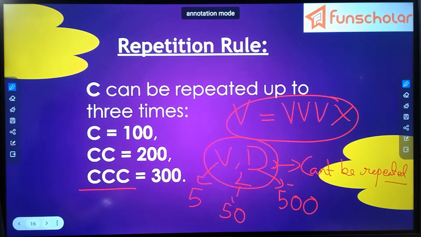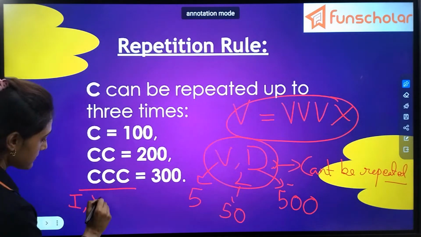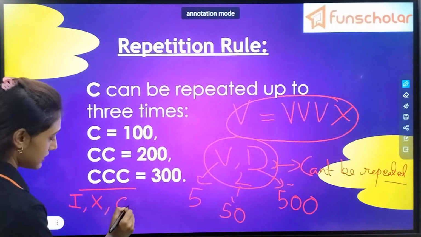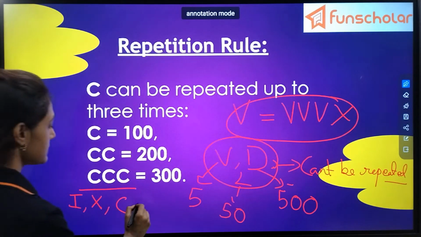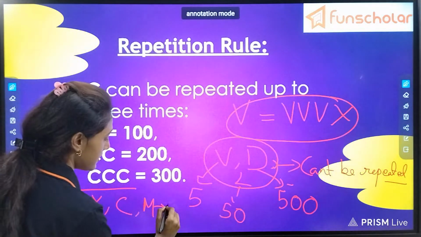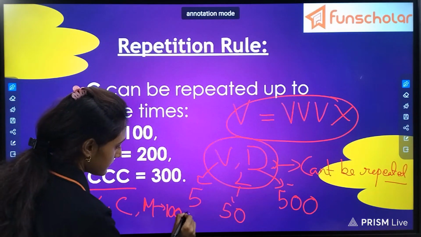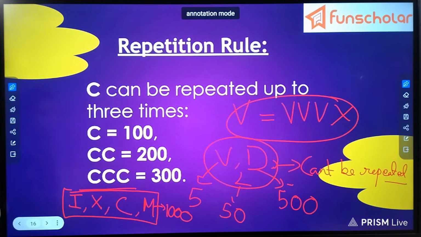So what are the numbers till now you have learned that can be repeated? I, then X, then C. And another number which you can repeat is M. M represents what? 1000. Done? You can take a screenshot if you want.